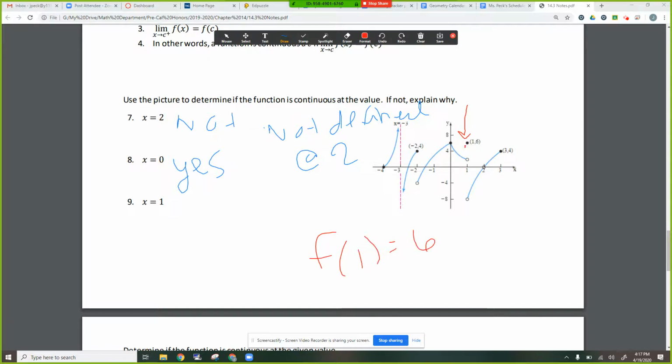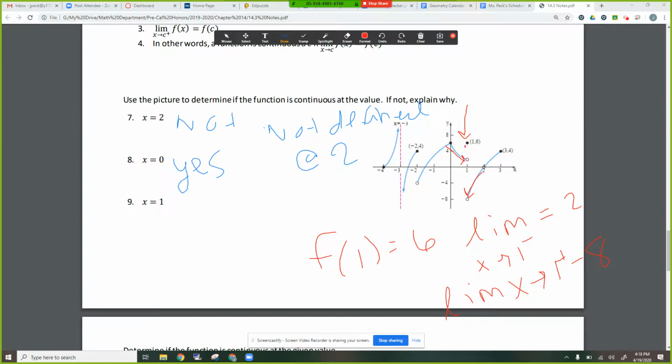However, if we look at 1, the limit as x approaches 1 from the left, that's pointing to the number 2. And the limit as x is approaching 1 from the right is negative 8.